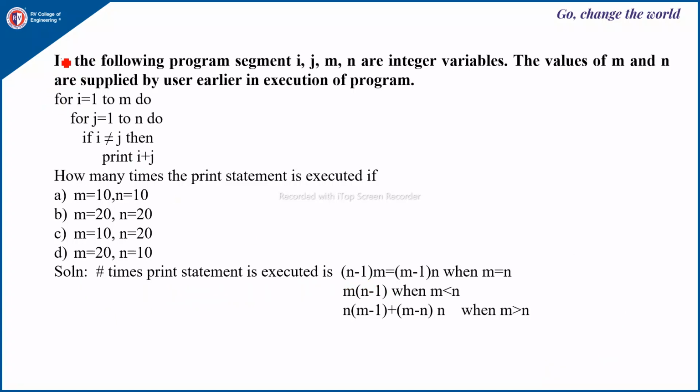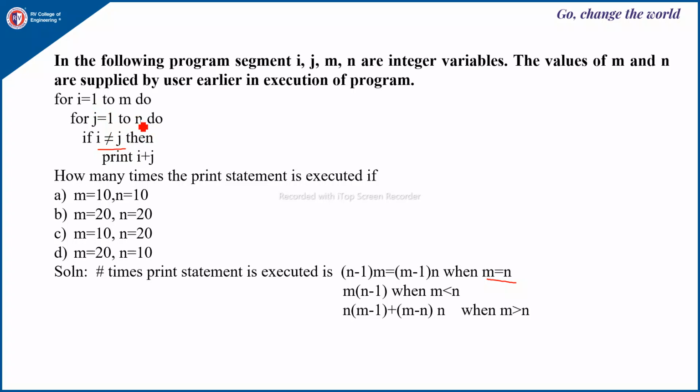Here you can observe that the condition is i not equal to j. First case, we will say m is equal to n. First, i is fixed to 1 and j goes from 1 to n. In this case m is equal to n. So the first time when i is 1, j is 1, only in that case it will not be executed.